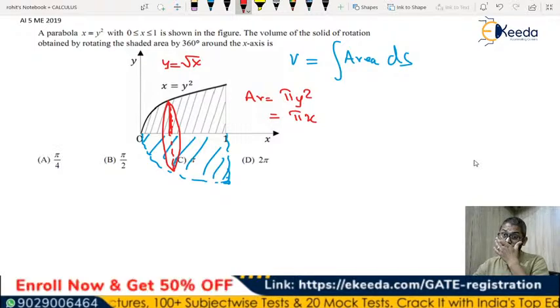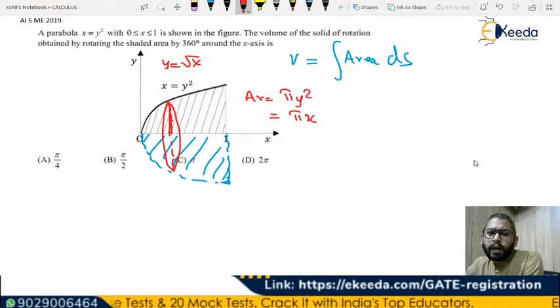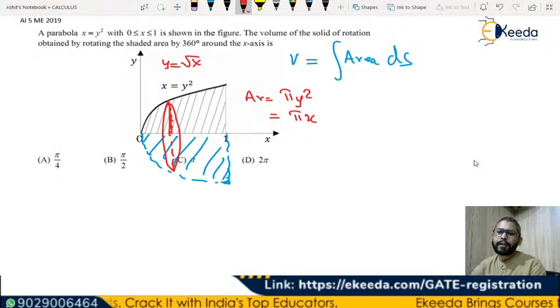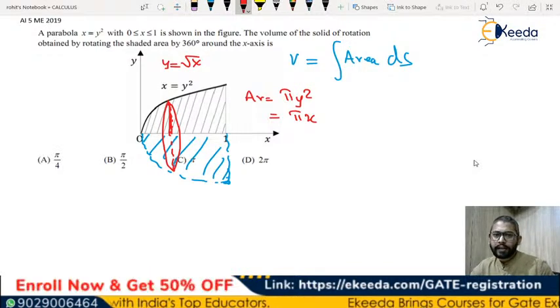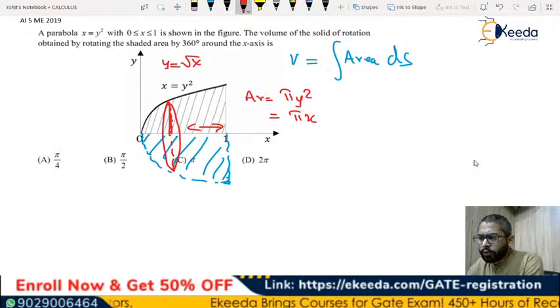Right? That's it. And in this case, you have to integrate it for ds. What is ds here? ds is nothing but dx, because we are solving in terms of x here.